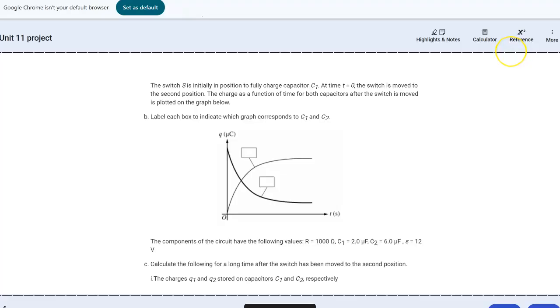Let's move to B. Label each box to indicate which graph corresponds to. So this one would be C2, this one would be C1.